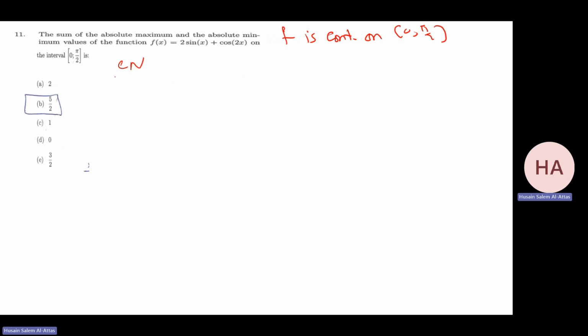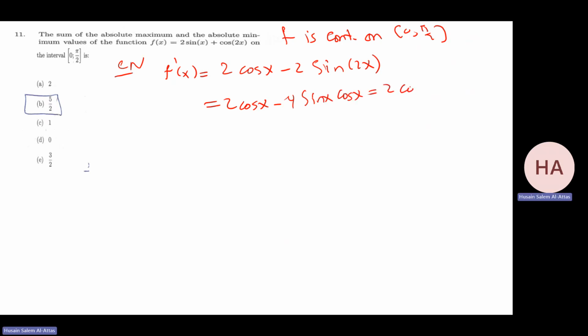Okay, critical numbers. F prime will be 2 cosine x minus 2 sine 2x, which is 2 cosine x minus 4 sine x cosine x, which is 2 cosine x times 1 minus 2 sine x.